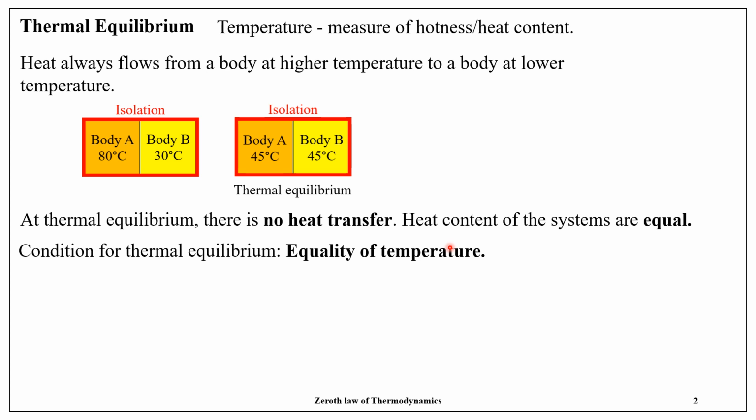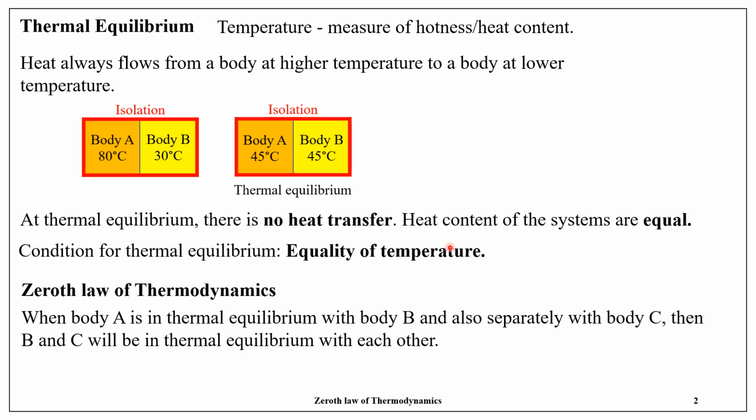Now we will focus our attention to zeroth law of thermodynamics. It states when body A is in thermal equilibrium with body B and also separately with body C, then B and C are said to be in thermal equilibrium.